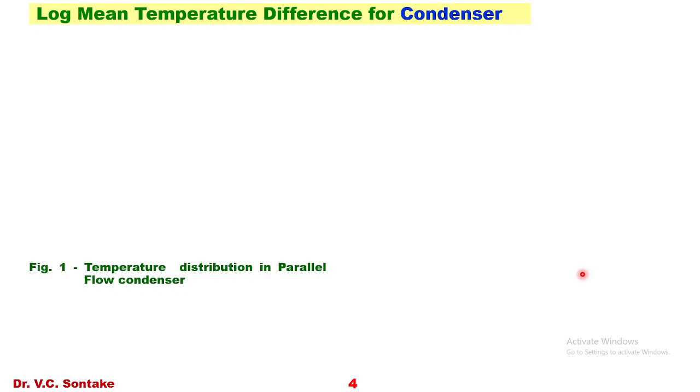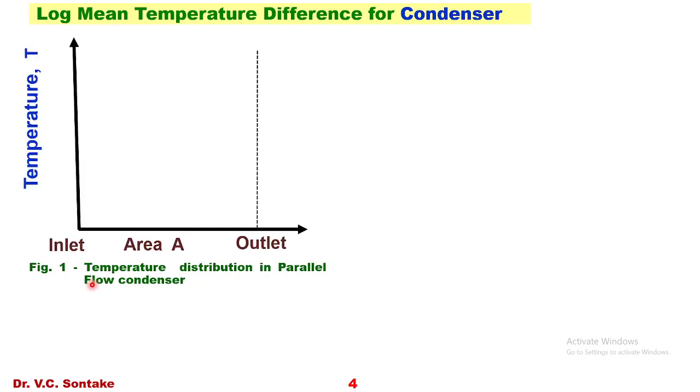So let us discuss the temperature variation of hot and cold fluid in condenser. To do so, let us consider figure 1, and the figure 1 represents temperature distribution of hot and cold fluid in a condenser if the direction of both the fluids are in parallel direction. In this plot, on x-axis area of the heat exchanger is considered, and on y-axis temperatures of both the fluids are considered.